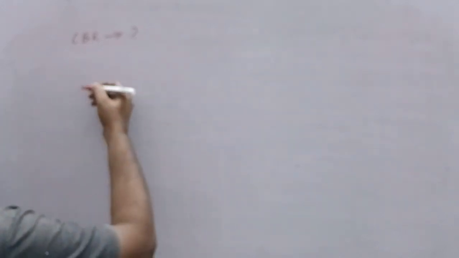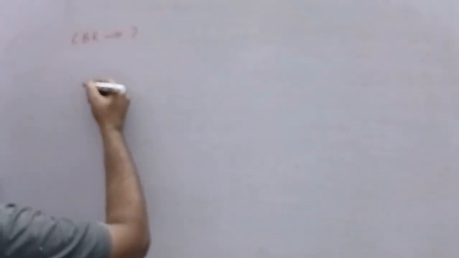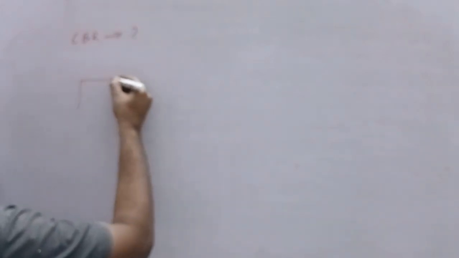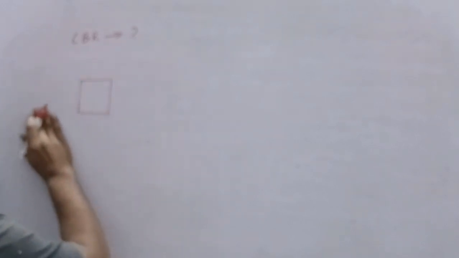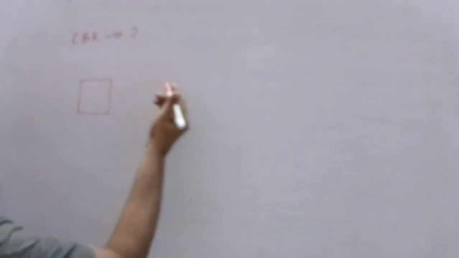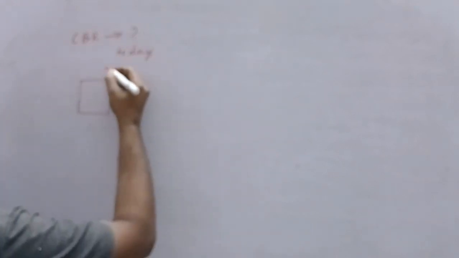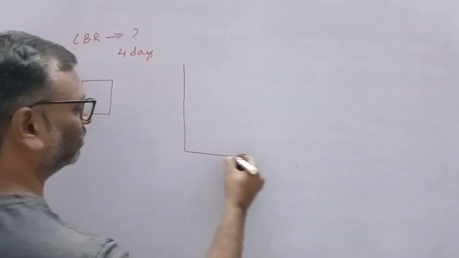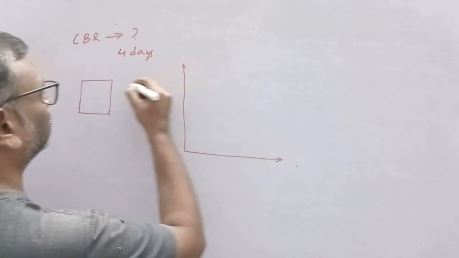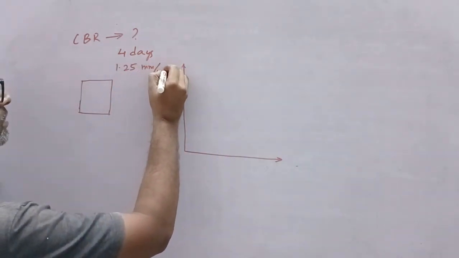You prepare a mold according to the modified Proctor test, and that mold you soak for 4 days, wherever the rainfall is more than 1000 mm. That soaked sample you keep in the CBR penetration test, and the load is applied at 1.25 mm per minute.